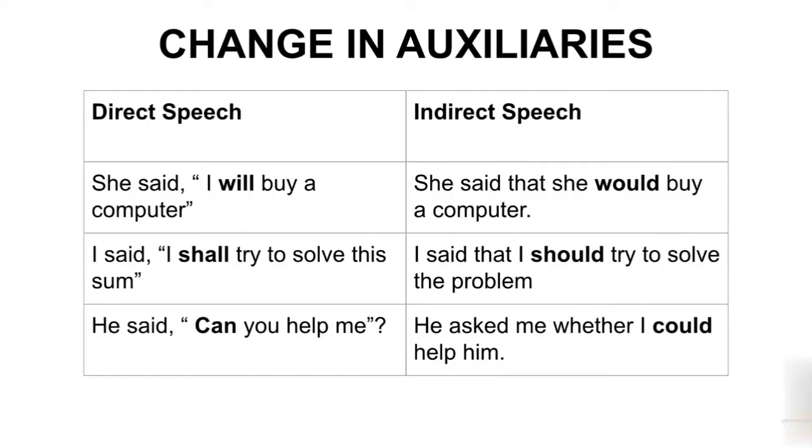First one, she said, "I will buy a computer." We know will is an auxiliary. Now converting to indirect, it is: she said that she would buy a computer. So will becomes would. Similarly, I said, "I shall try to solve this sum." Shall becomes should. I said that I should try to solve the problem.